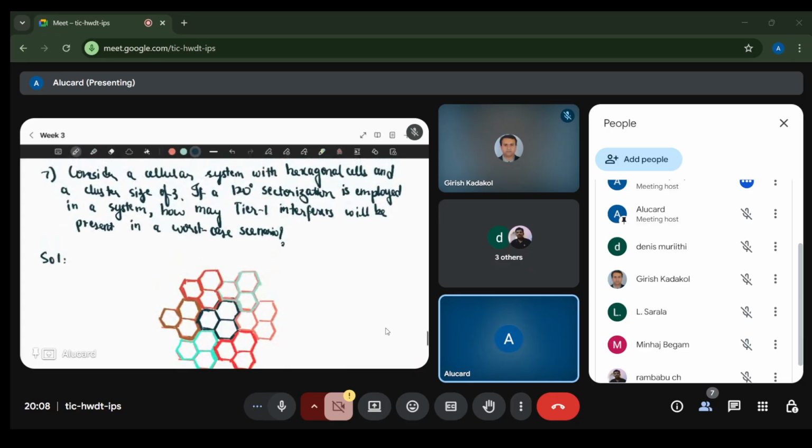Okay, these are the clusters where you will find your tier 1 interferers.